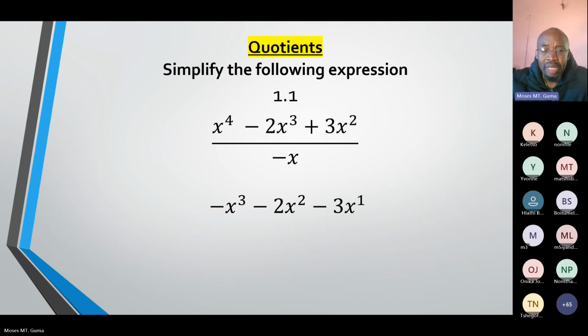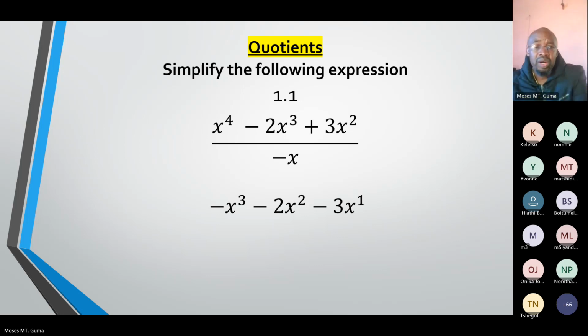I am going to be dividing an algebraic expression with anything. It can be a number there. Now, in this case, you can see that my number is represented by the variable negative x.